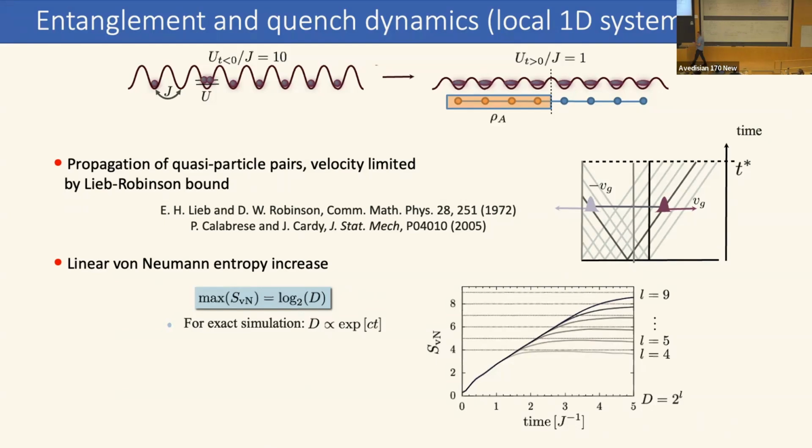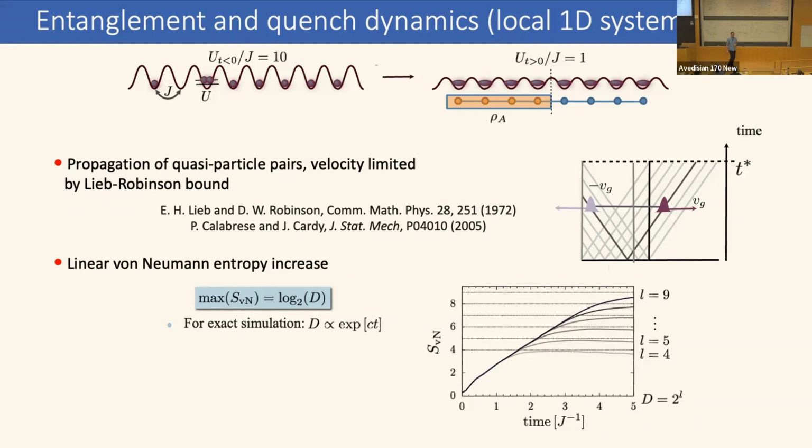Over time, if I draw a dividing line between the two parts of the system, more and more of these excitations, which form in correlated pairs, cross over this boundary in the middle. And what it leads to, this result of the Calabrese and Cardy paper, is that in generic quench dynamics, in any size of system, the von Neumann entropy will typically grow linearly in time.